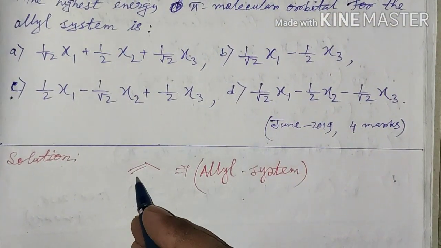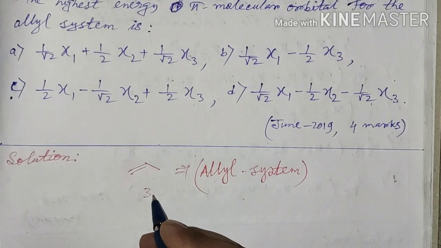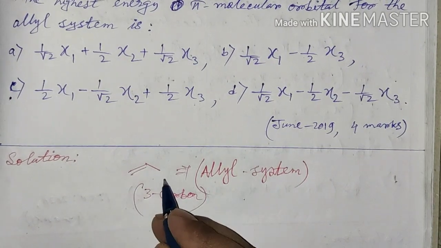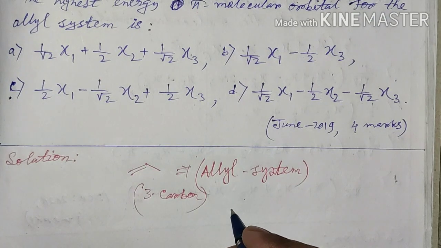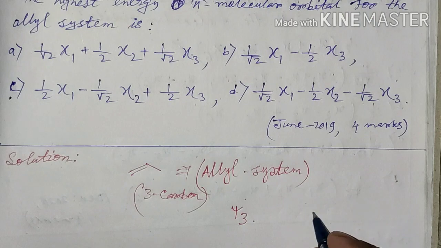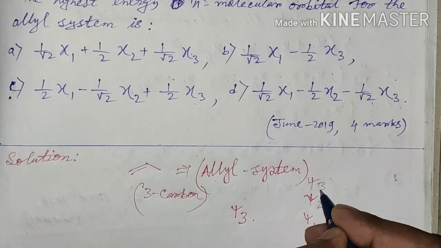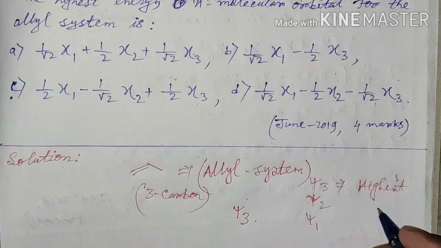Since this is a 3 carbon system, the highest energy pi molecular orbital will be psi 3. There will be 3 energy states, psi 1, psi 2 and psi 3, and the highest energy pi molecular orbital will be psi 3.